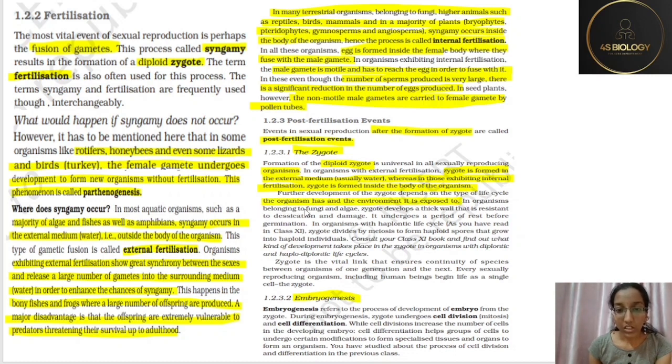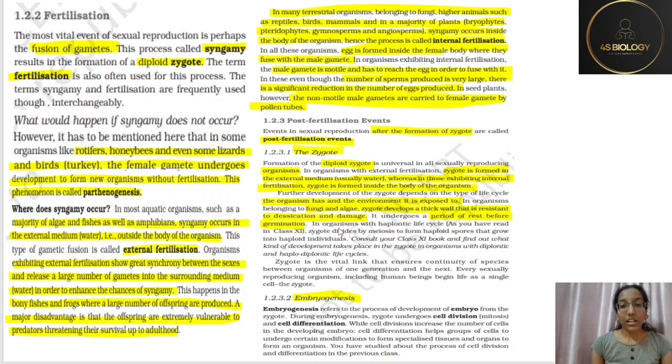In organisms belonging to fungi and algae, the zygote develops a thick wall that is resistant to desiccation and damage. So in algae and fungi, a thick wall develops. That thick wall is resistant to desiccation and damage. If there is any damage, it will protect as a layer. It undergoes a resting period before germination. Before it germinates, there is a resting period.